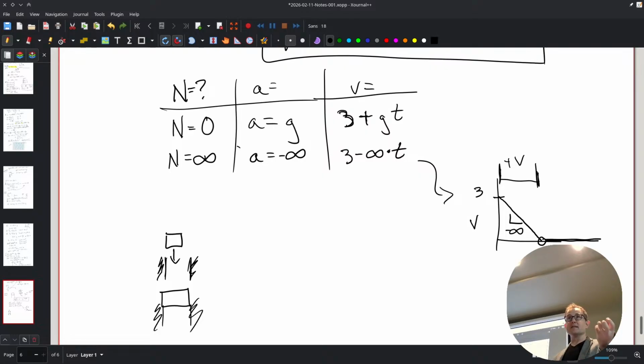So the nice part is that for the interval that we care about, from initial speed to zero, we have constant force.